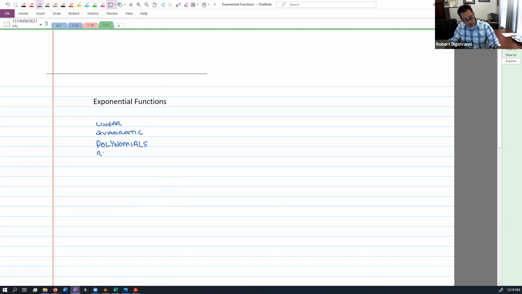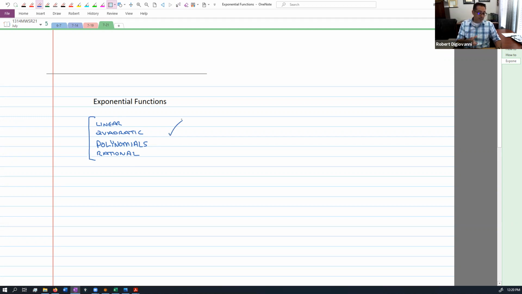We've now done rational functions. And like I stated before, each one of these kind of serves a purpose in the real world. Linear functions are good for certain things, quadratic for something else, polynomials for something else, and rational for something else. Those are what we've done, okay? We should all be able to graph, sketch those types of functions if I ask you to.